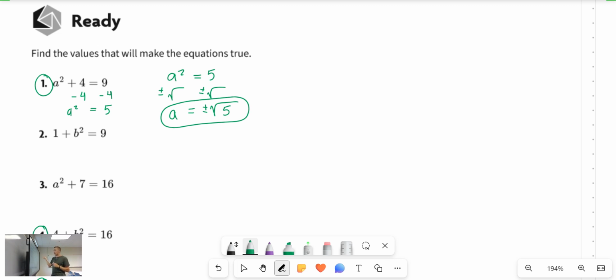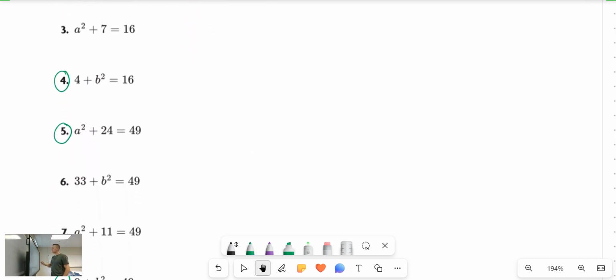If we square 2.2, we'll get 5. But if we square negative 2.2, we'll also get 5. So that's why there's two different answers, because all we know is that whatever we have for A, whenever we square it, it becomes 5, which means A could be a positive or a negative. So that's why we have A equals the plus or minus, positive or negative, square root of 5.